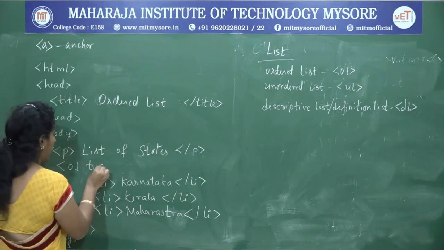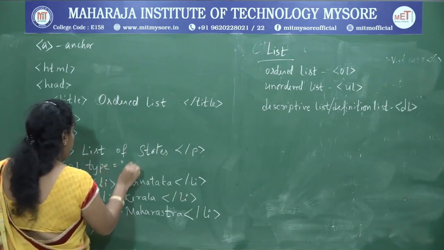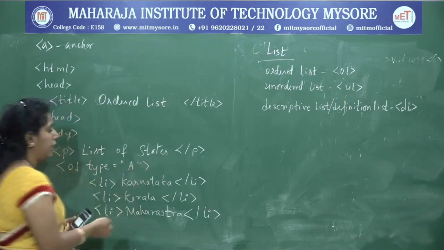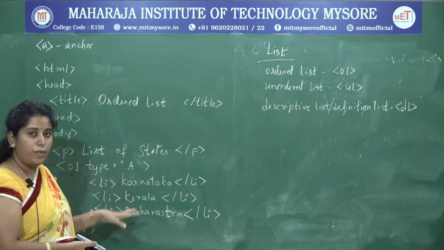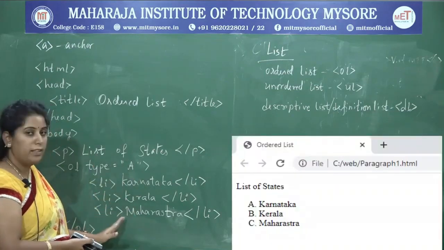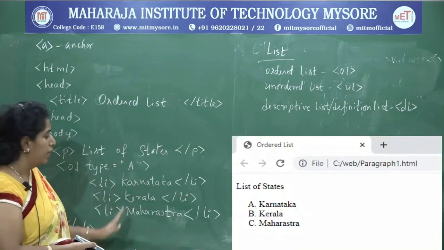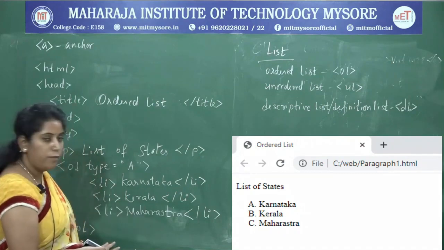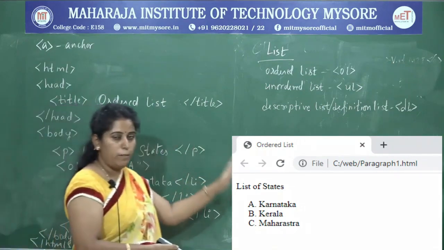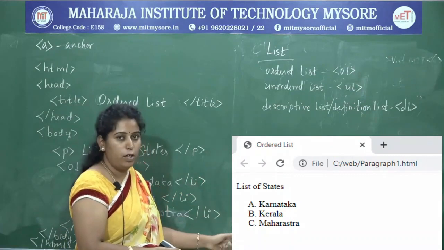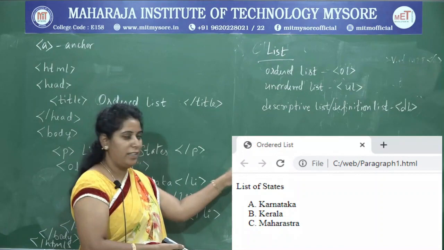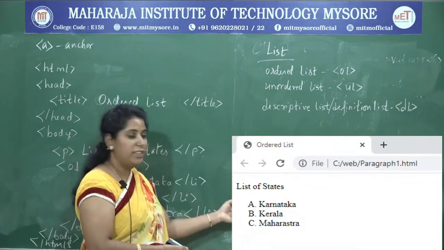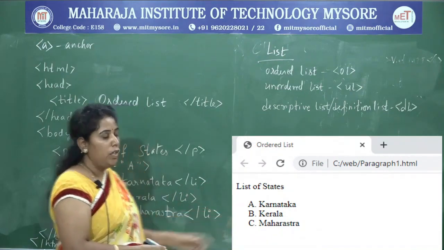Take an attribute called type. Instead of number, I will provide it as A. So what happens now? Instead of numbering, these will be listed in the form of ABC. After modifying, let me run the program once. Now you can check the output. See, first one A, that is Karnataka, B Kerala, C Maharashtra.